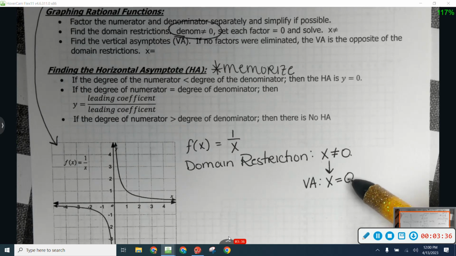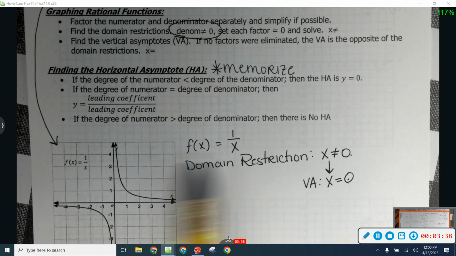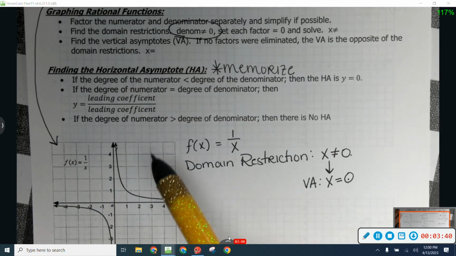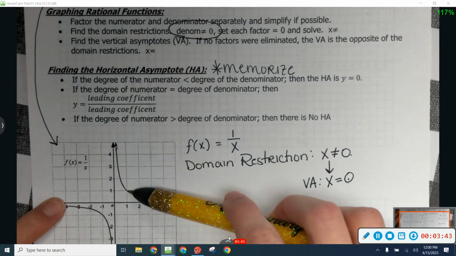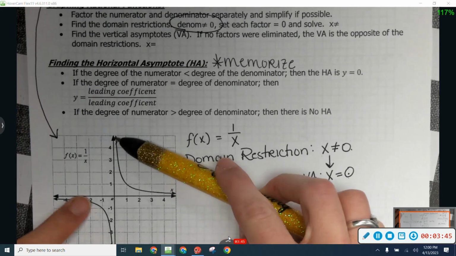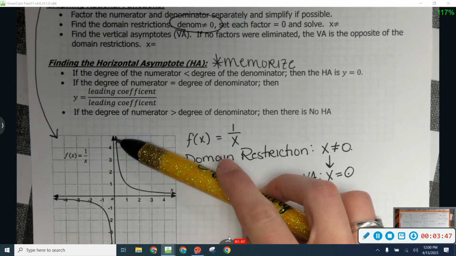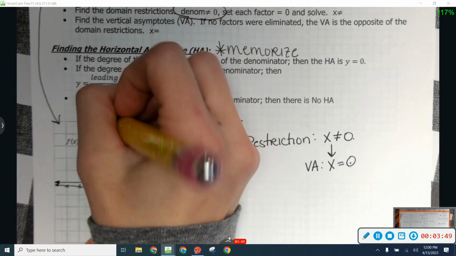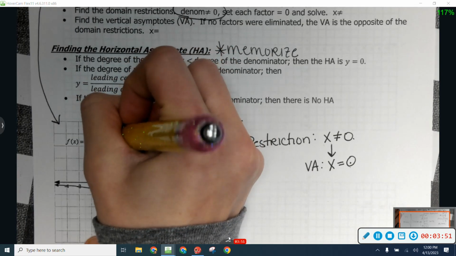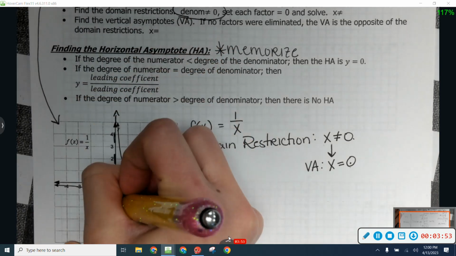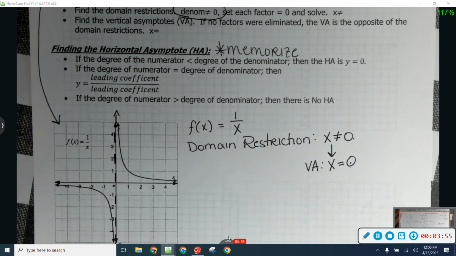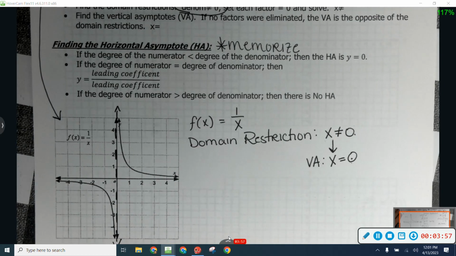Okay? So for my vertical asymptote, remember vertical is up and down. Look at this graph. Notice that it gets really close to the y-axis, but never crosses it. That is that x equals 0. Okay? And we're going to have a dashed line there.